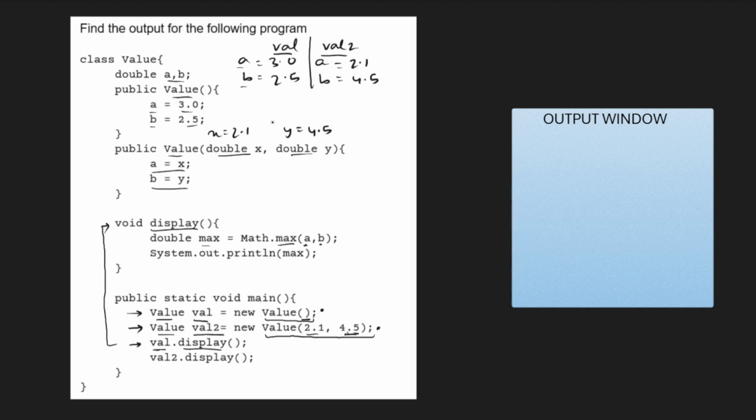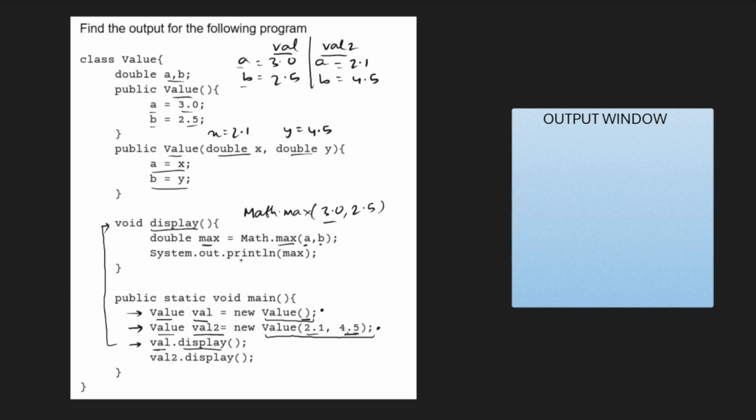A is 3.0 and b is 2.5. So here we're just checking math.max 3.0, 2.5. Here 3.0 is obviously larger. So this method is going to return 3.0, and we're going to store 3.0 in the variable max.